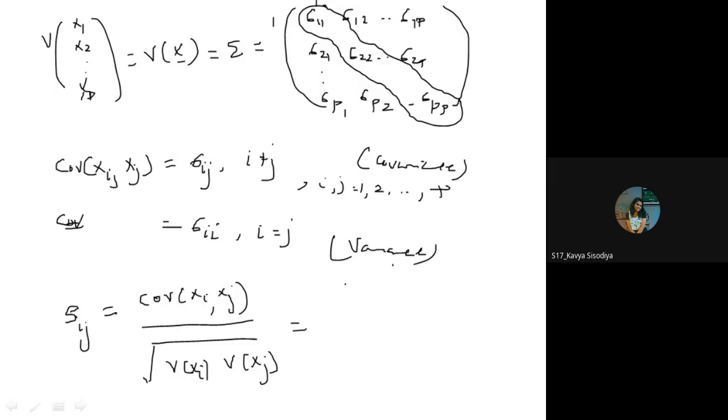The covariance of xi and xj I can write as sigma ij, and the denominator as the square root of sigma ii into sigma jj. So can I write it as sigma i raised to half.